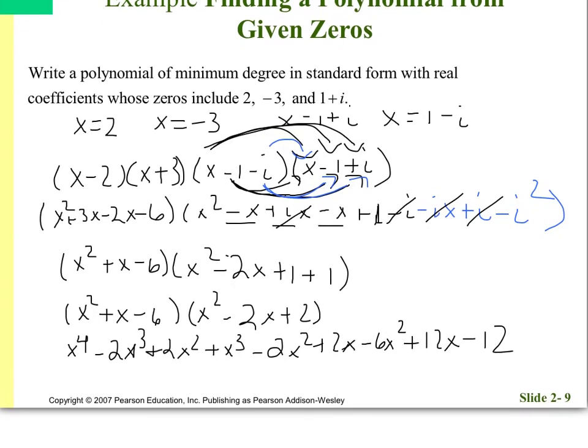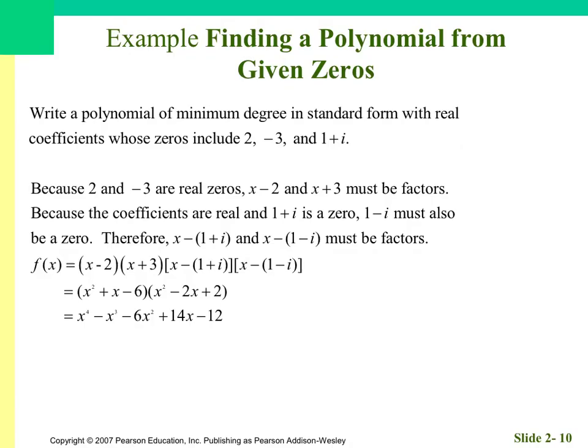Combine the like terms. x to the 4th, negative 2x to the 3rd plus x to the 3rd, so minus x to the 3rd. 2x squared minus 2x squared is 0. There's still that minus 6x squared. 2x plus 12x, 14x, minus 12. So let's check to see if we're right. And we are. Okay.